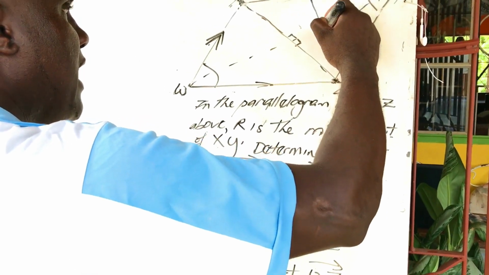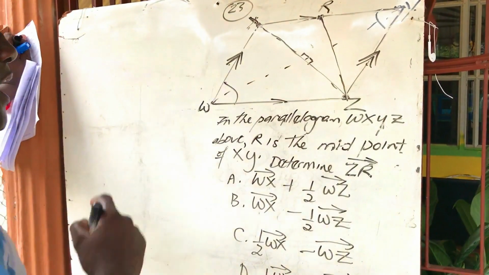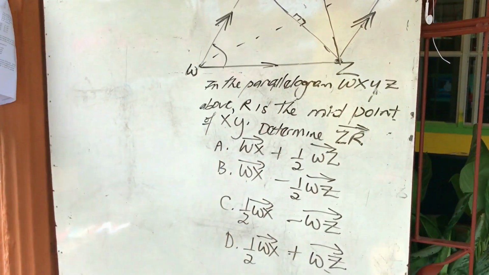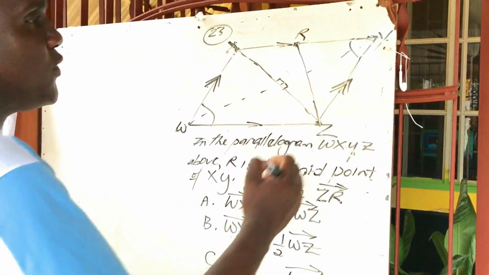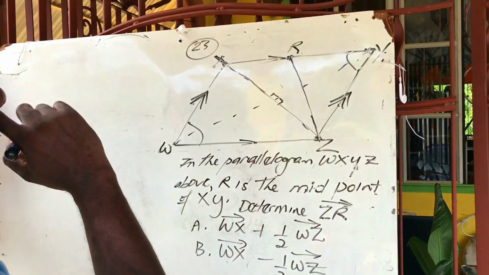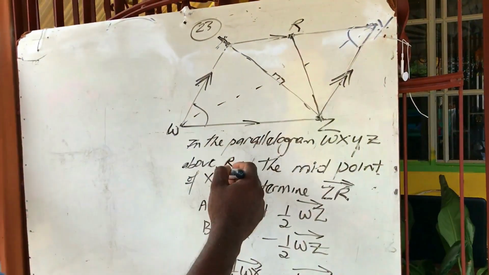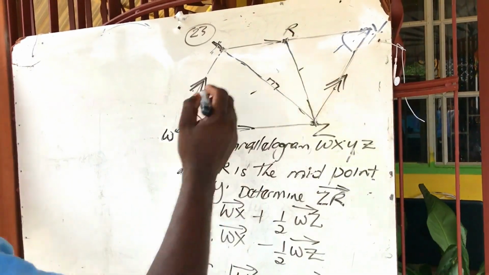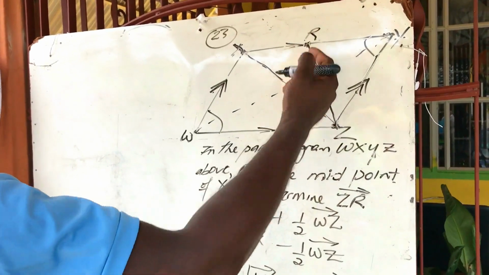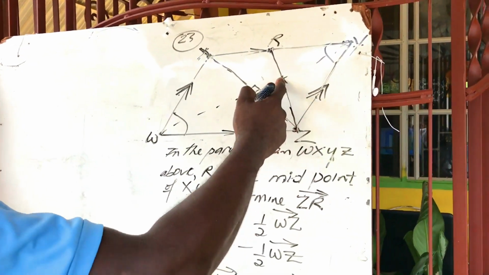So you can do something like this. Now Z going to R. Before we even look at this, let us see how best we can work out something here. Let us say these are 3 terms, Z, Y, and R. And you want to find ZR, or you want to travel from Z to R. The easiest way is a straight line from Z to R. Good, so you want to find this.